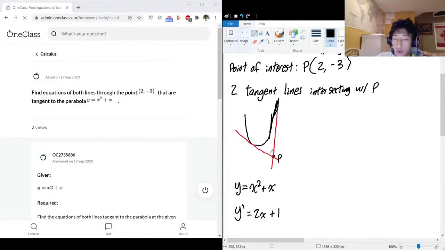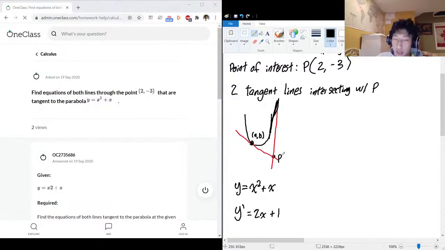Now, we know that the line that's going to be tangent to the parabola and also pass through P, we can find the slope of any line if we have two points on that line. Let's say we have this point with coordinates (a, b).